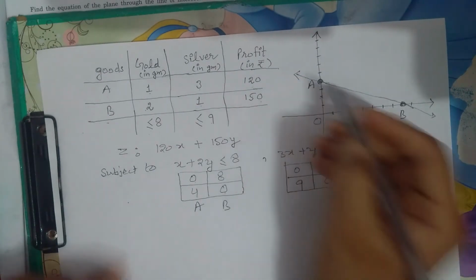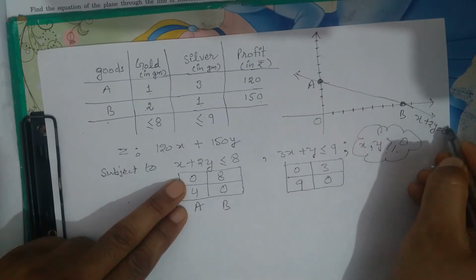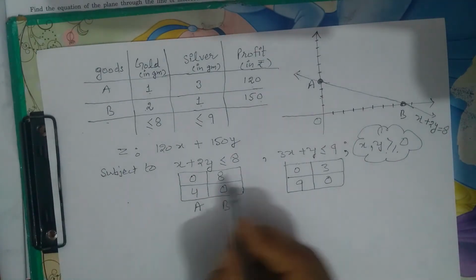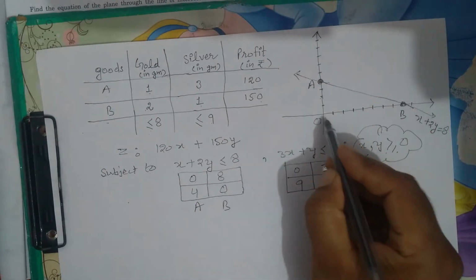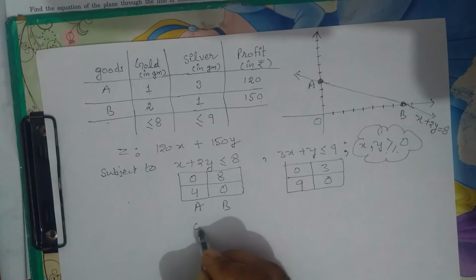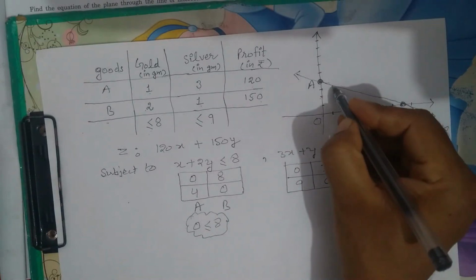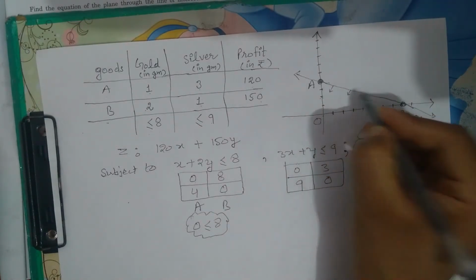The name of this line is x plus 2y equal to 8. On one side of this line is 0, so we put 0 0 in this inequality: 0 is less than or equal to 8. Of course this is true, which means we have to shade towards 0 0.